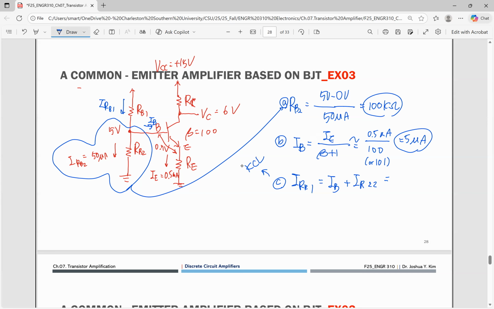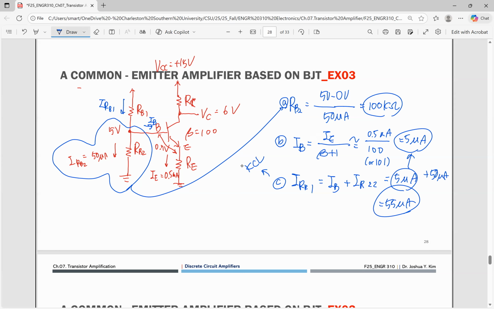So the I sub B is what? 5 microamp, we calculated before, plus I sub B sub 2 was given. So 55 microamp. Do not make a mistake, okay?